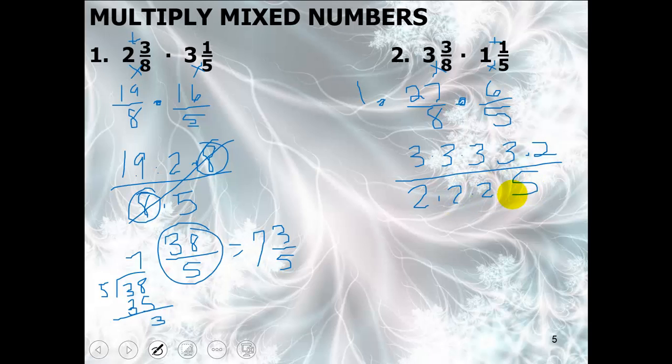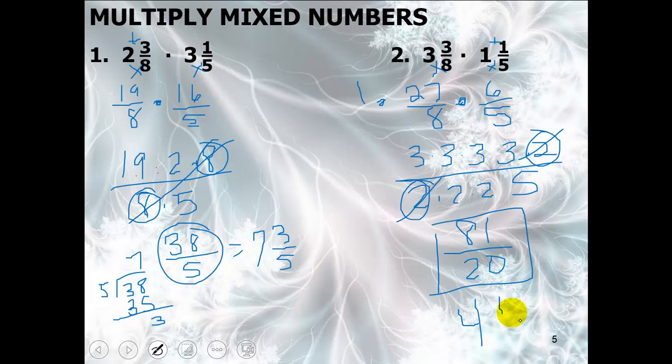I don't have a lot to cancel here. I just have a 2 and a 2, and that's it. So I have 3 times 3, so I have 81 over 2 times 2 is 4, times 5 is 20, 81 over 20. Or this would be 4 1/20.